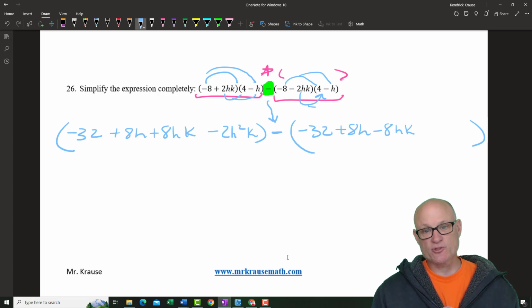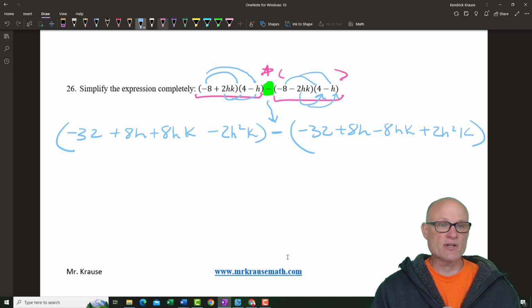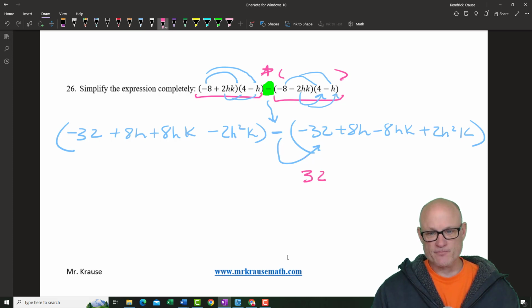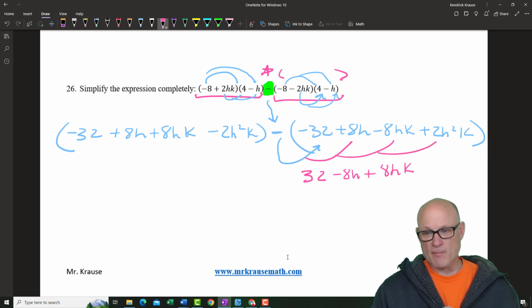And negative 2hk times negative h is positive 2h squared k. All right, so now I got to distribute this negative. So this becomes positive 32 minus 8h plus 8hk minus 2h squared k.